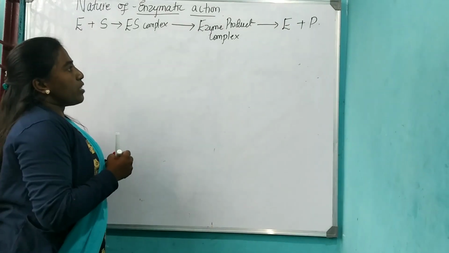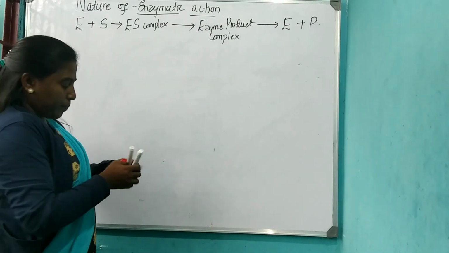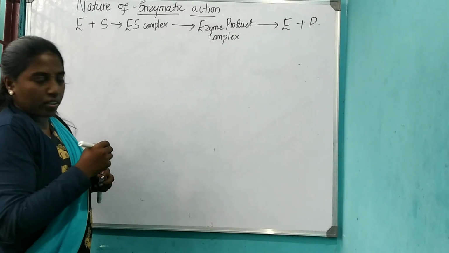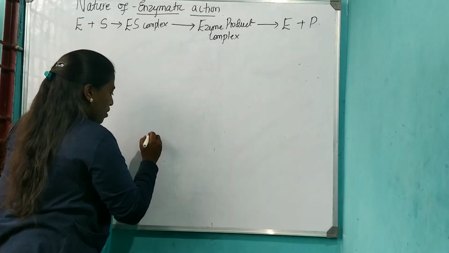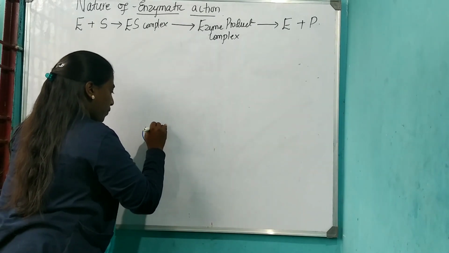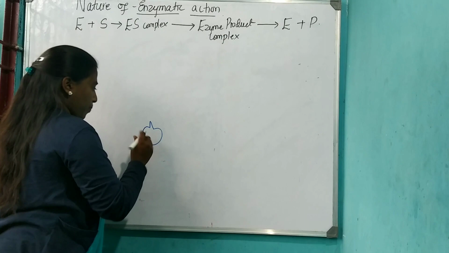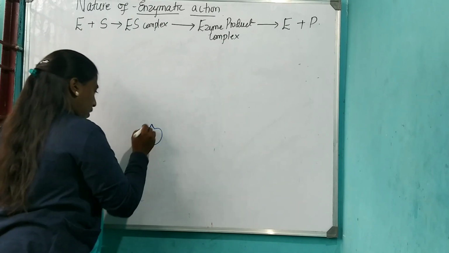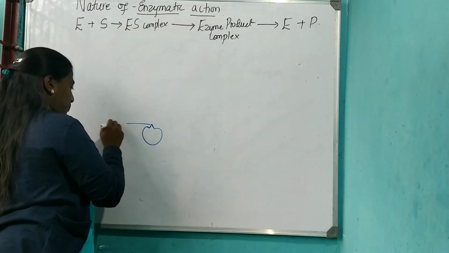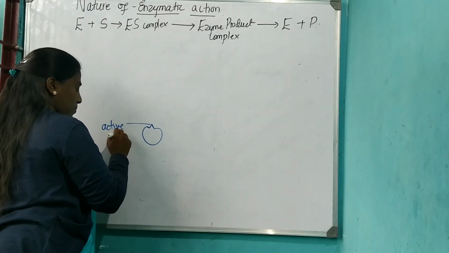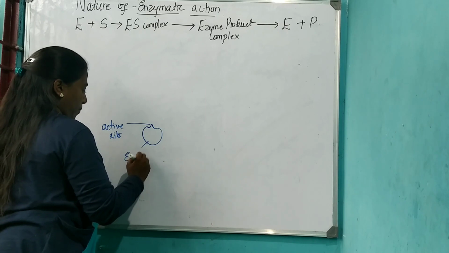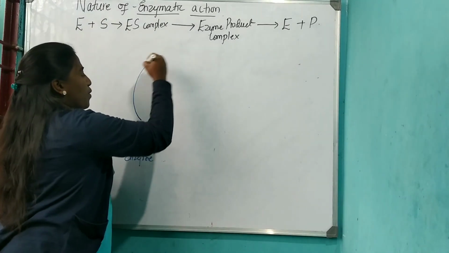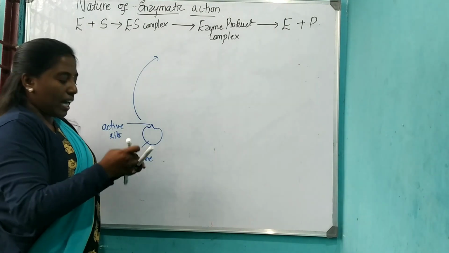Let us study this with the help of a diagram. As you know, the enzyme consists of an active site. For example, this is the enzyme here, and it has the active site. This is the active site. Now, what gets combined at the active site? The substrate.